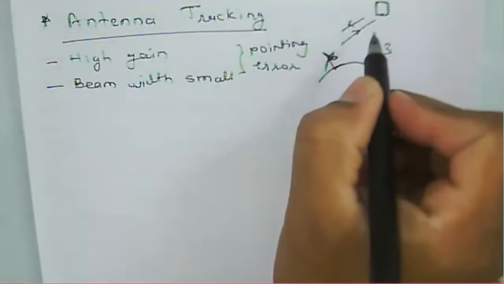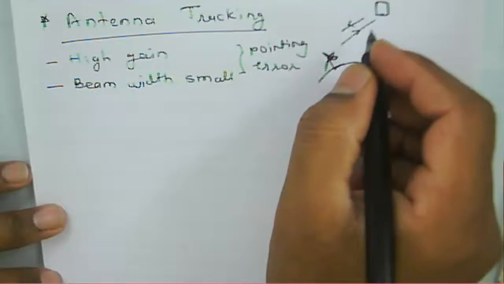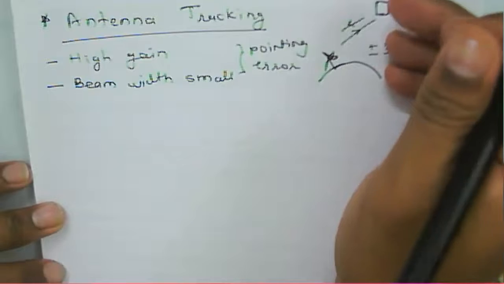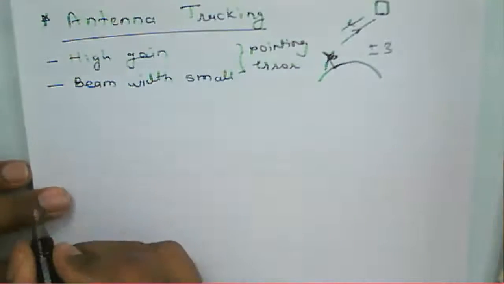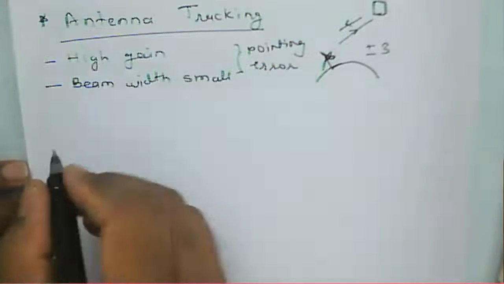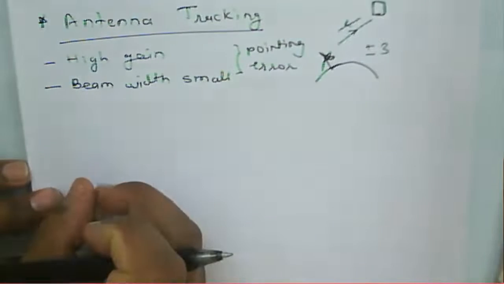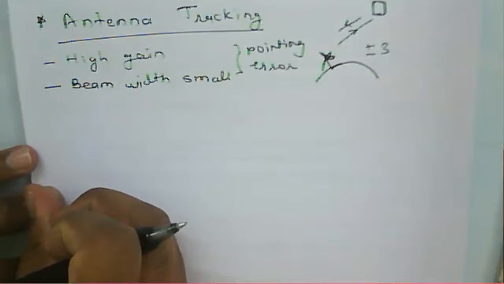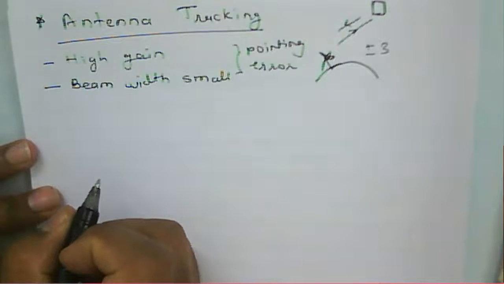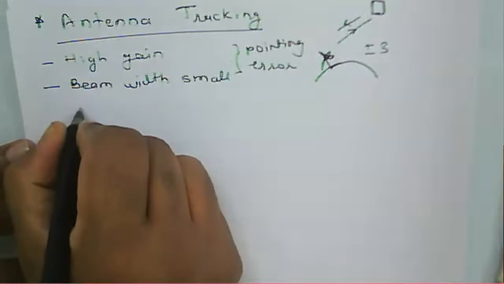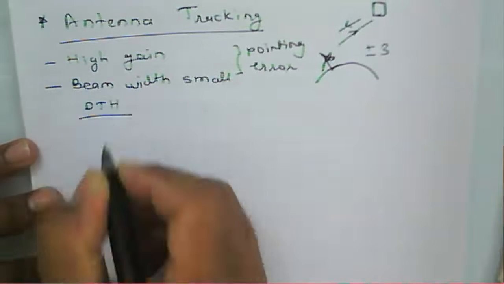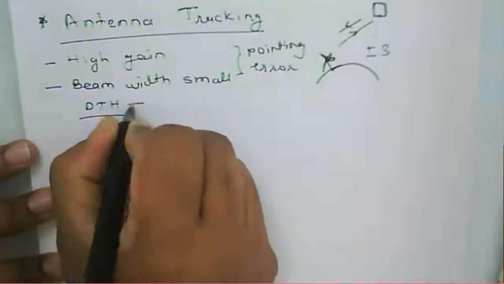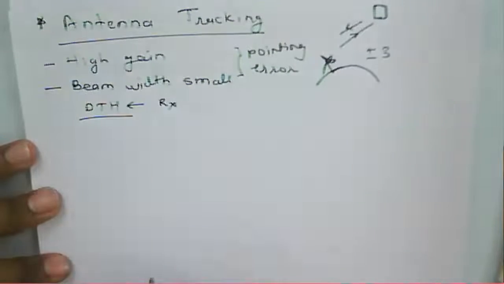Because a geostationary satellite is at a large distance, the range is large. That's why for a small Earth station, tracking is very important. Now at home, with direct-to-home television, we are receiving the signal from the satellite.